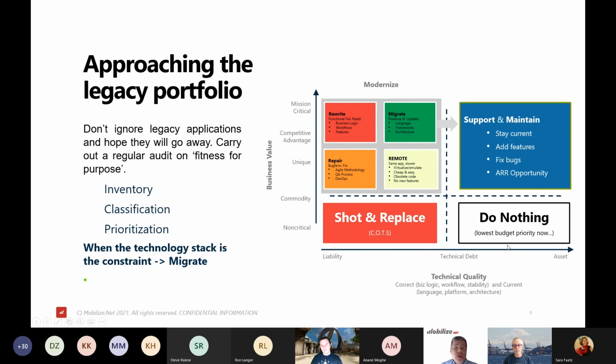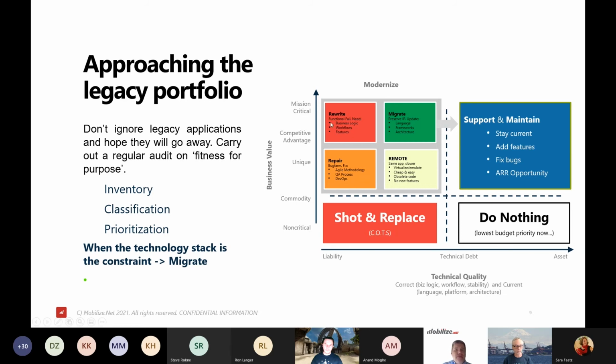But when you move across the business value dimension, then you have a little bit more choices, right? If the application is really poorly written and there is so much technical debt that you wouldn't even know how to start with a modernization, and it's still a mission critical application that you can't buy off the shelf, then a rewrite is necessary.